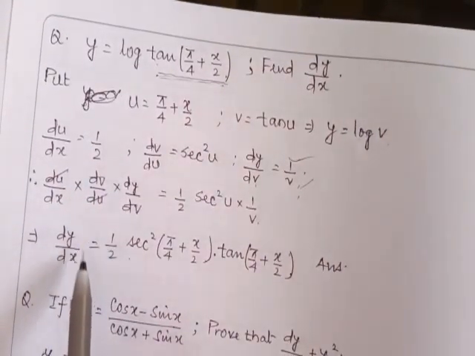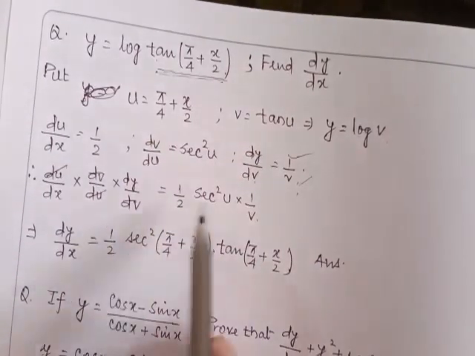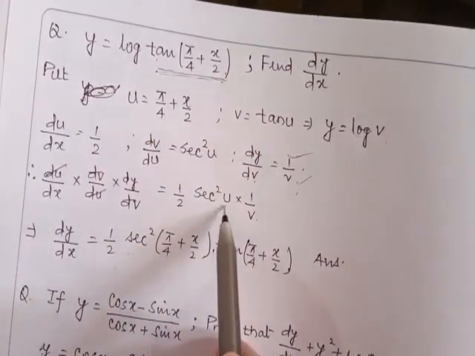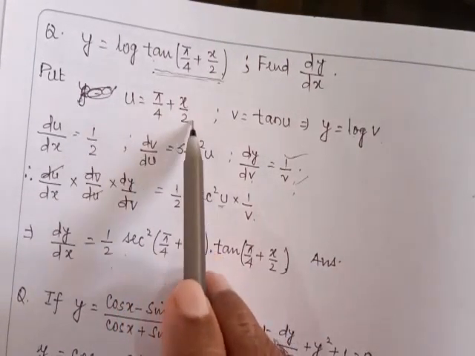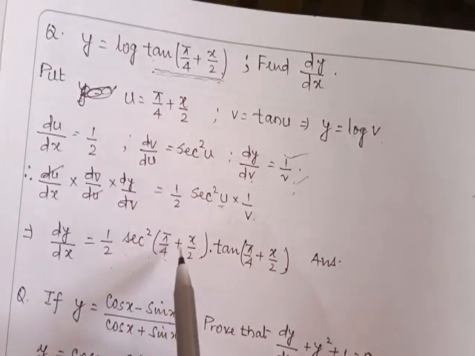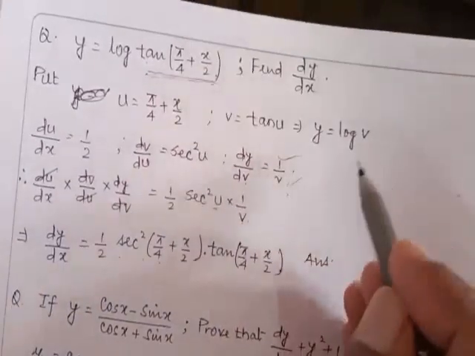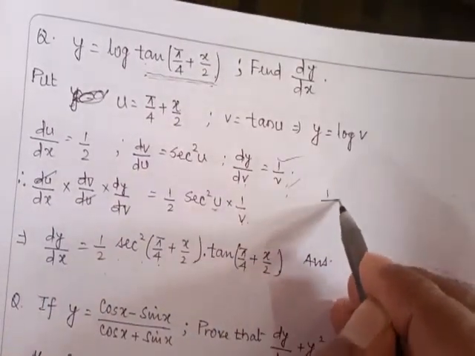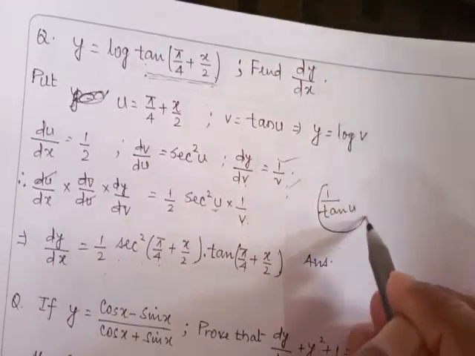And on the right side 1 by 2 sec square u, put the value of u, that is pi by 4 plus x by 2. So sec square of pi by 4 plus x by 2, into 1 by v. 1 by v means 1 by tan u, and 1 by tan u should be written as cot u.